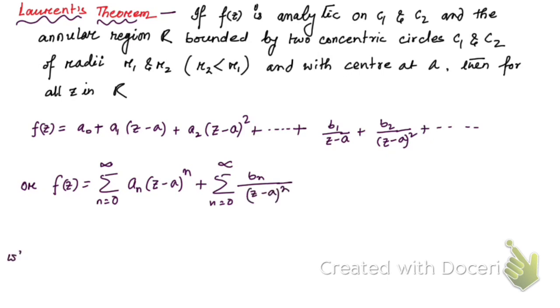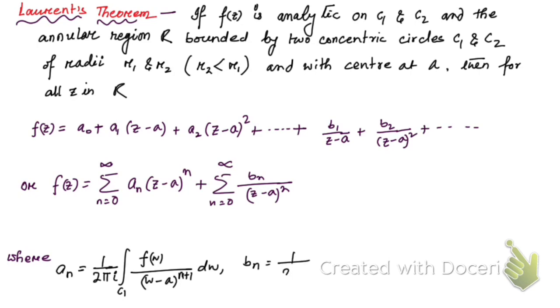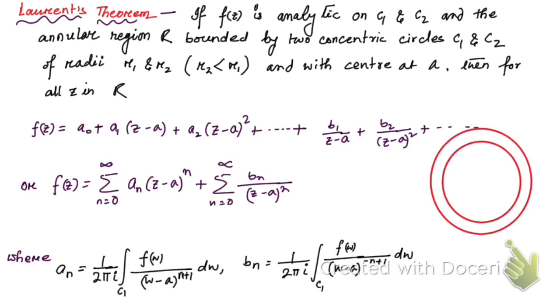And let me write where the values of an and bn are this. These are the values of an, and bn also. This is bn.